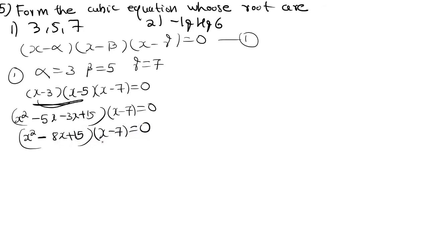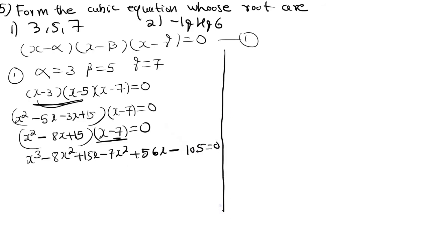Now again multiplying by this term. x into x square is x cube, then x into minus 8x is minus 8x square, x into 15 is 15x, then multiplying by minus 7. Minus 7 into x square is minus 7x square, minus 7 into minus 8x is plus 56x, 15 into minus 7 is 105.